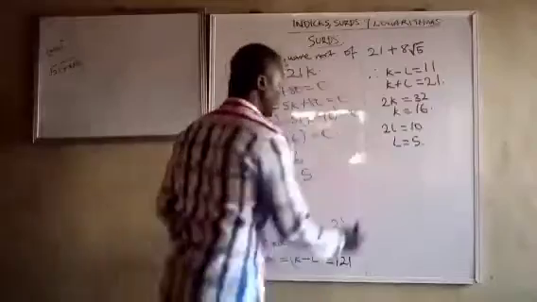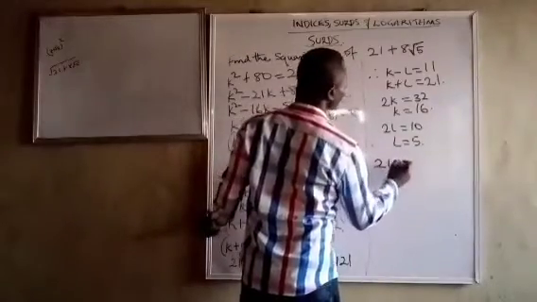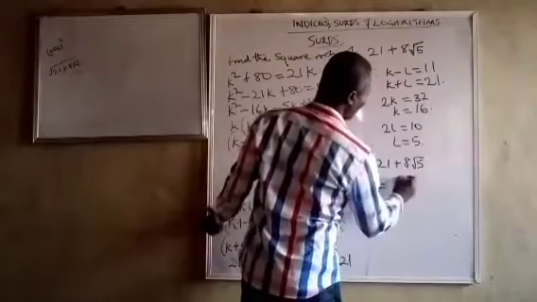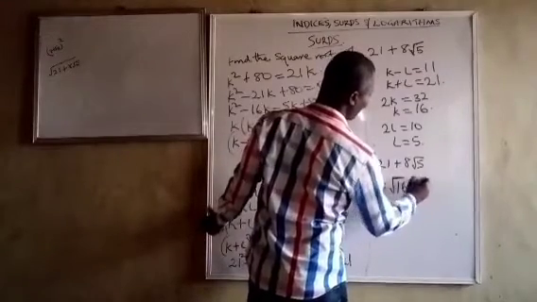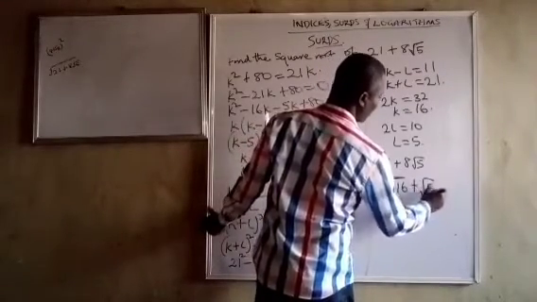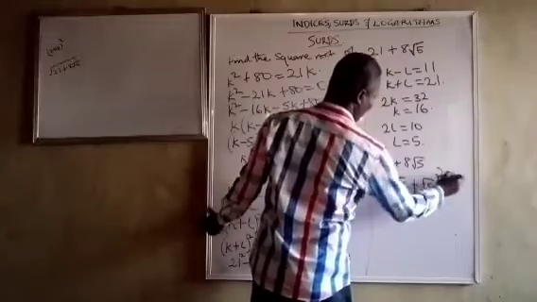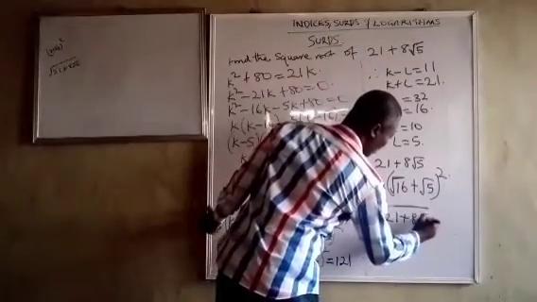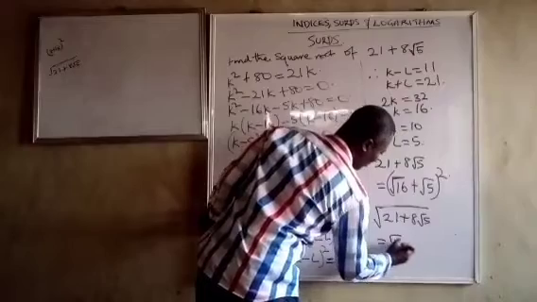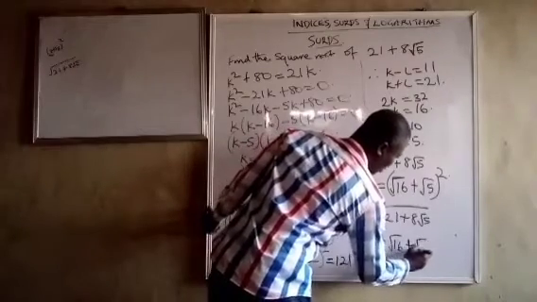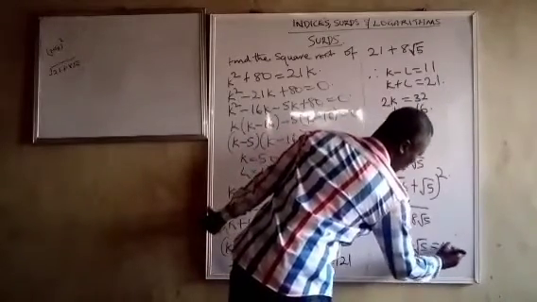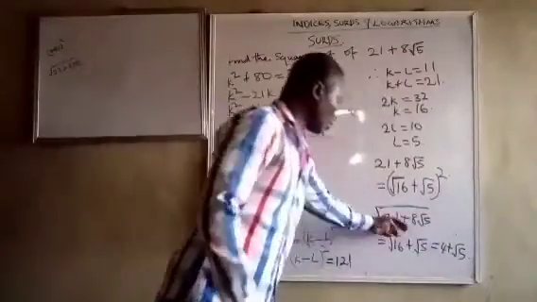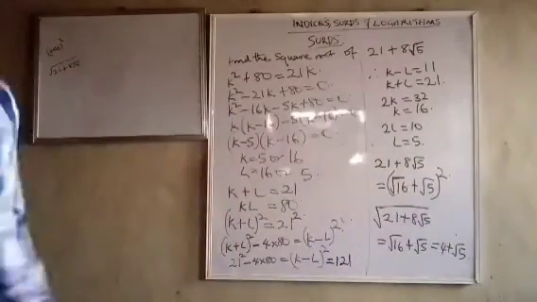So the square root of this expression, that is 21 plus 8 root 5, is equal to root of 16 plus root of 5, which is equal to 4 plus root of 5. So as an exercise, you can square this to know if it will give you back that answer.